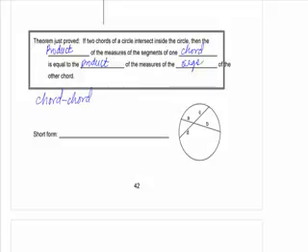In other words, if I have these two chords here, and I take the length of A times the length of B, that will be equal to the length of D times the length of C. Where the chords intersect, they divide each other into two segments per chord, and the product of the segments of one chord is equal to the product of the segments of the other chord.